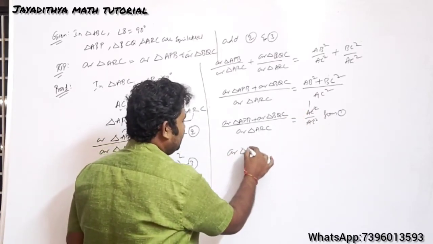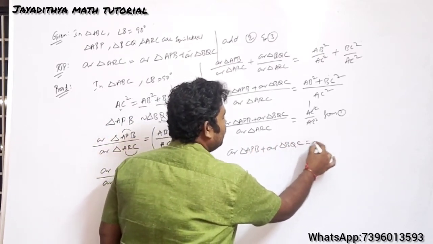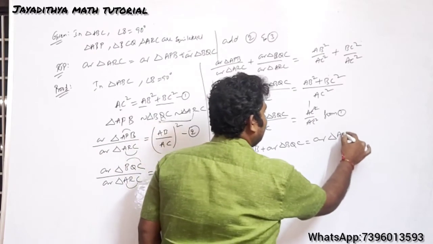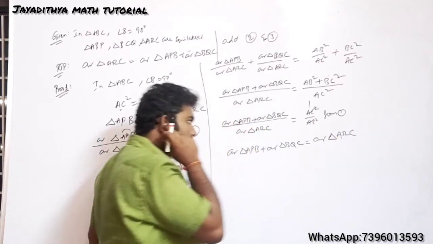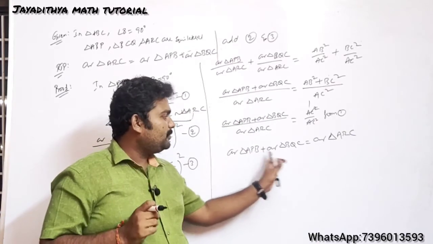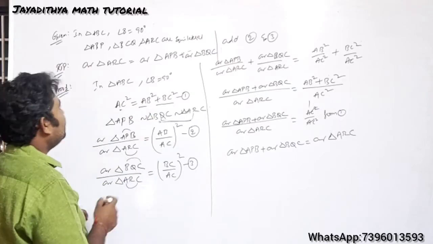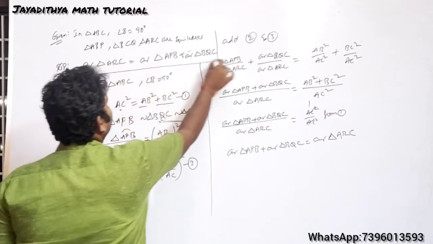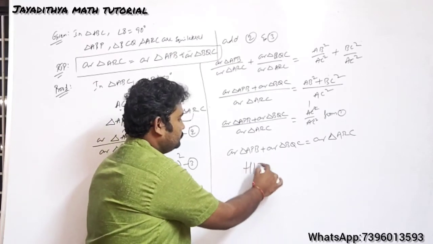Area of triangle APB plus area of triangle BQC will be equal to area of triangle ARC now. Clear? Area of triangle APB plus area of triangle BQC is equal to the area of the triangle ARC. That is our required proof. Hence proved.